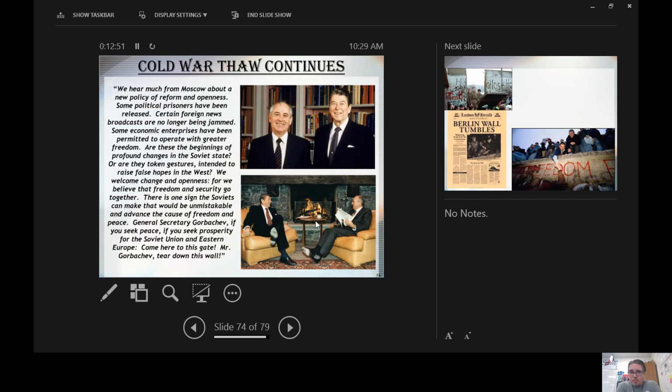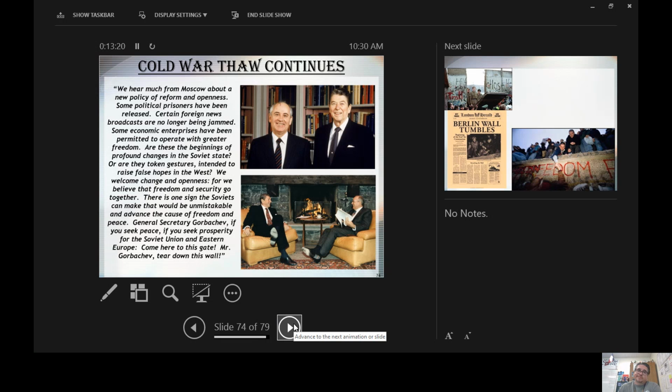We welcome change and openness, for we believe that freedom and security go together. There is one sign the Soviets can make that would be unmistakable and advance the cause of freedom and peace. General Secretary Gorbachev, if you seek peace, if you seek prosperity for the Soviet Union and Eastern Europe, come here to this gate. Mr. Gorbachev, tear down this wall.